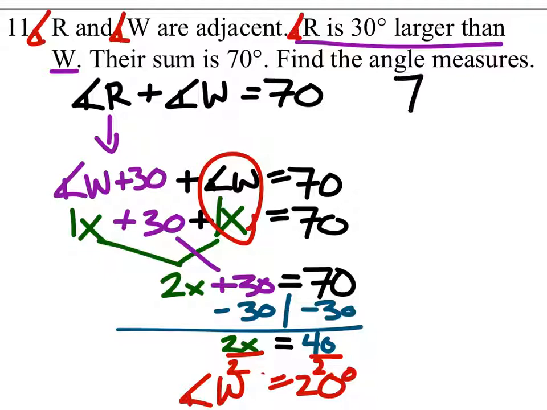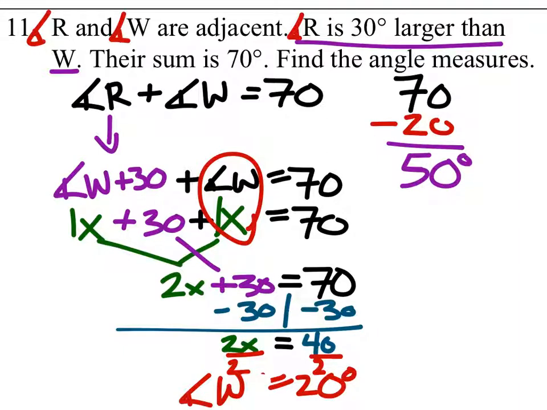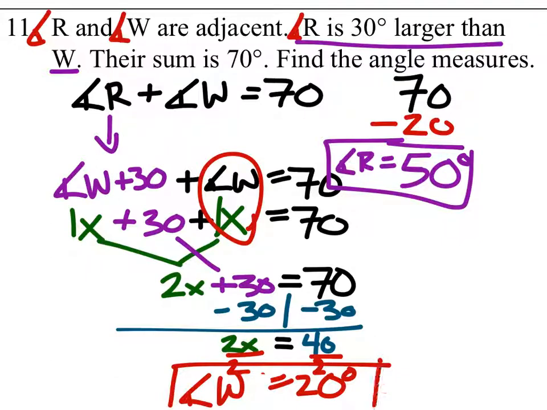Very good. We take the 70, subtract angle W, and that will tell us how big angle R is. Oh, 50 degrees, yeah. We can make that work. So angle R is 50 degrees. Angle W is 20 degrees.